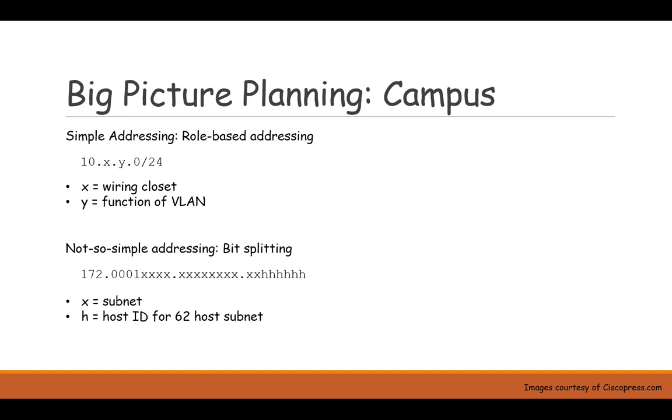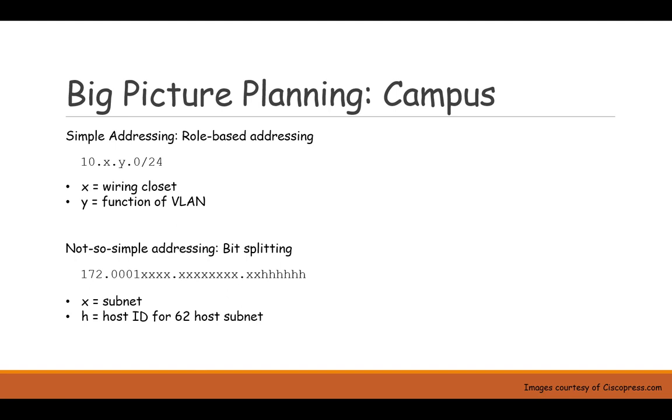This allows for not only summarization of each location into the distribution and core, but also easy identification of what an address is used for. You can use VLAN 10 for data, 11 for voice, 12 for printers, 13 for Wi-Fi, so on, so forth. Your Excel sheet you made of your address plan will be clean and tidy and very readable and easier to understand.